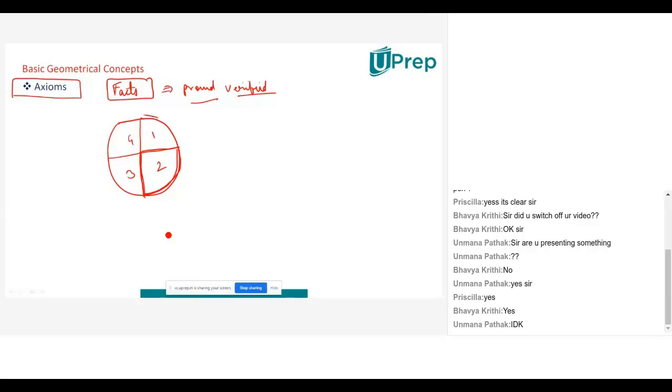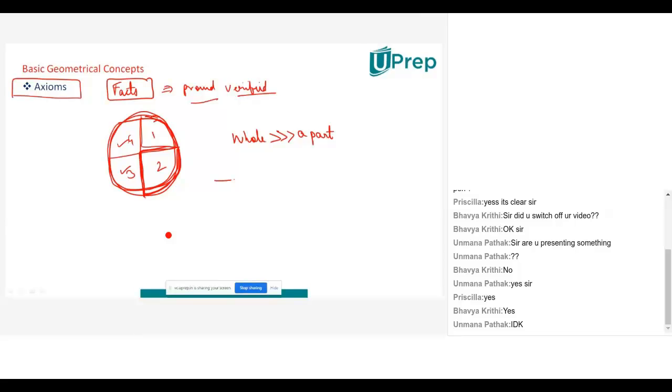We have assumed them to be true at all times. So, if I talk about the entire pizza as a whole, I am saying that the whole is always greater than a part of the pizza. The entire pizza is always greater than one slice, be it 1, 2, 3 or 4. Because we can verify it, we can check. It is a fact that we have accepted.